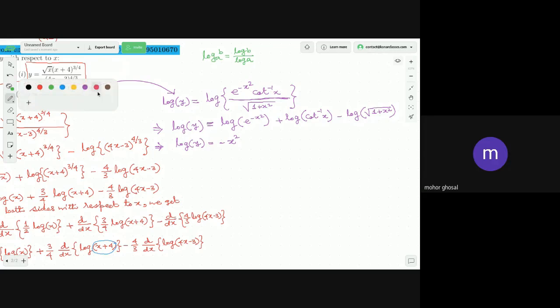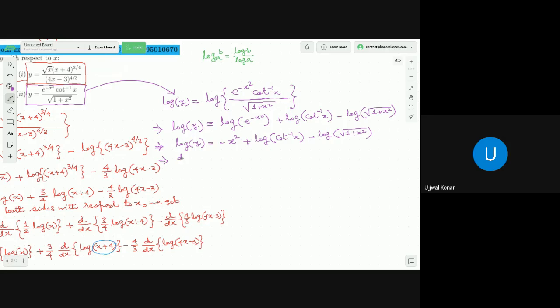Okay. So plus log of cot inverse x minus log of square root of 1 plus x square. Now again, let's differentiate both sides with respect to x.